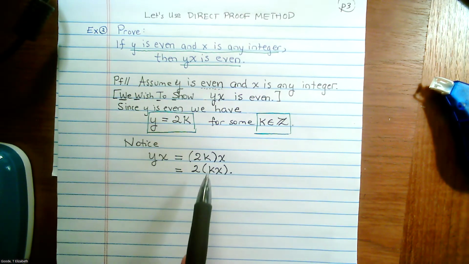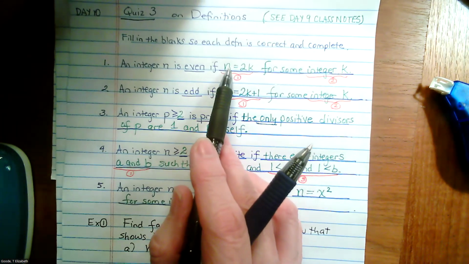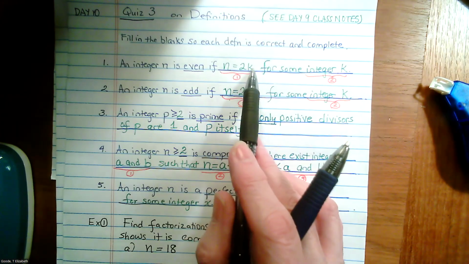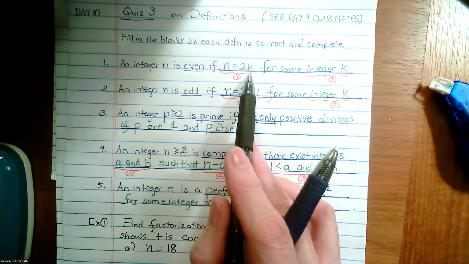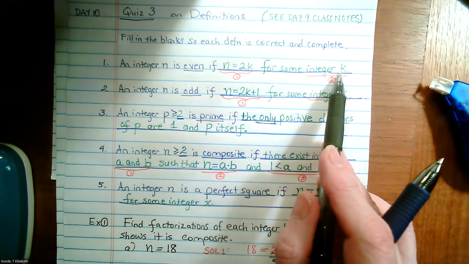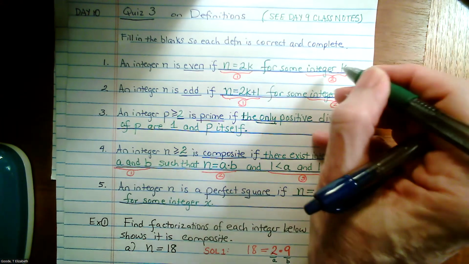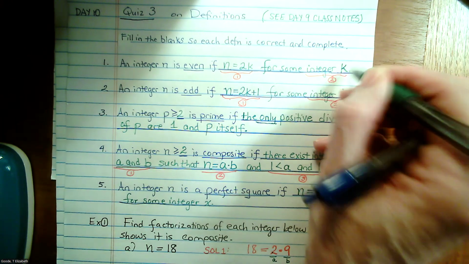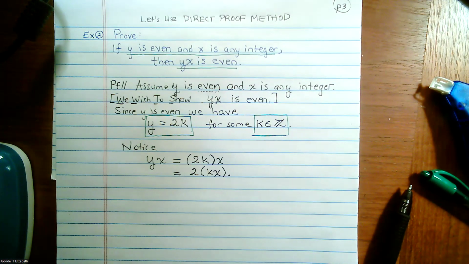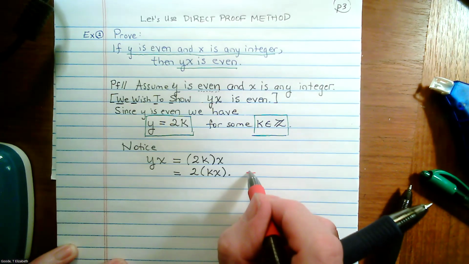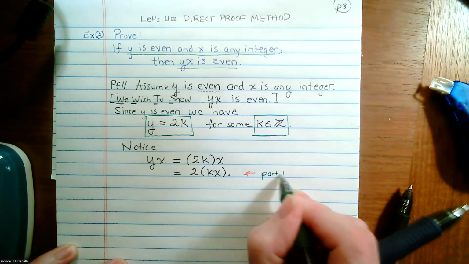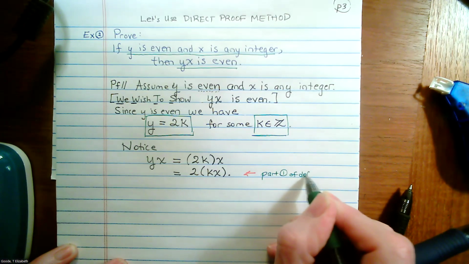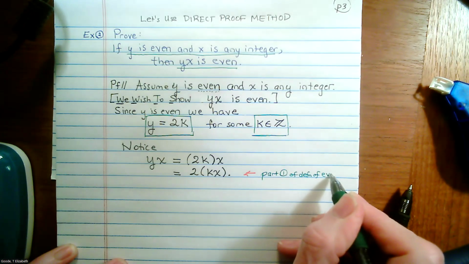Right, and we know in our definition of even that an even quantity needs to look like 2 times something, call it k, but it might be more involved than a single letter. And then we'll talk about that quantity turning out to be an integer. So this is part 1 of the definition of even. Satisfied. See?